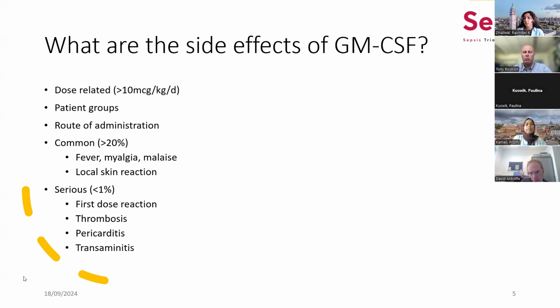There is the risk of thrombosis that occurs by the increase in cell count and viscosity of the blood. And there is a theoretical risk of pericarditis and also a risk of transaminitis, so liver dysfunction measured by safety bloods such as the ALT and other elements of liver function tests that we measure as part of our safety bloods.